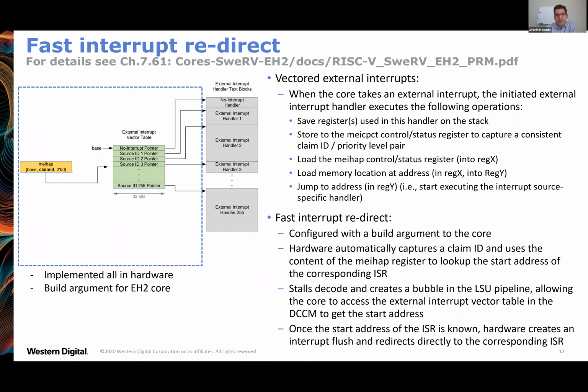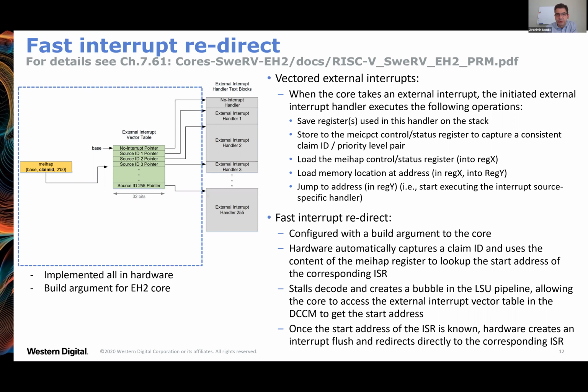Another interesting feature is fast interrupt redirect. This is a complex topic to explain in 1 or 2 minutes per chart, but for details, please see chapter 7.6.1 of the SWERV EH2 core documentation, which is available on the CHIPS Alliance GitHub.